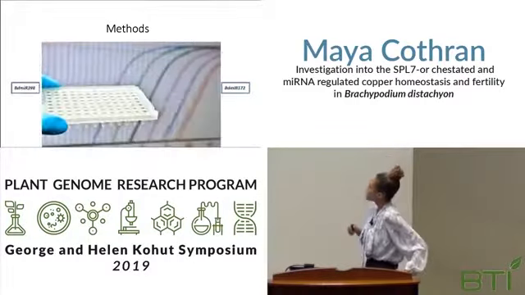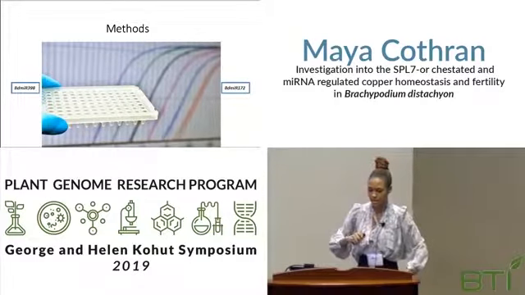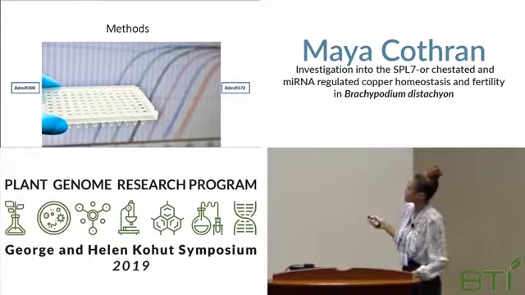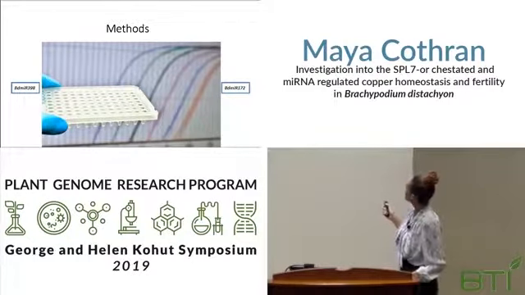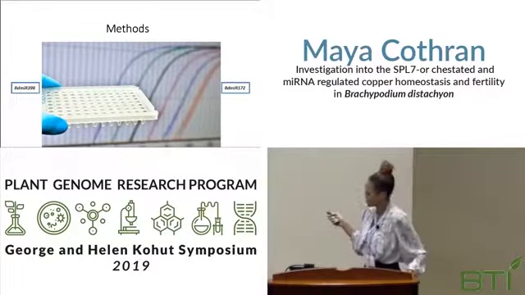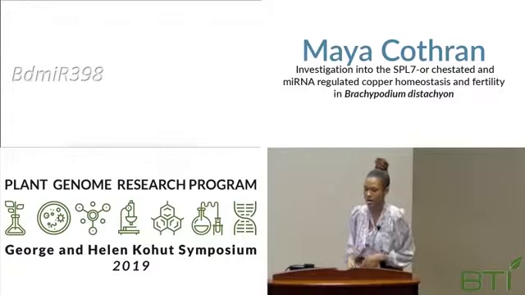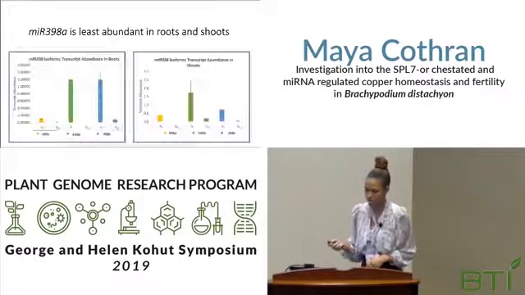So next, we quantified our results by qPCR. I did lots and lots of qPCR with these two microRNAs. So I'm going to start out by talking about microRNA 398.